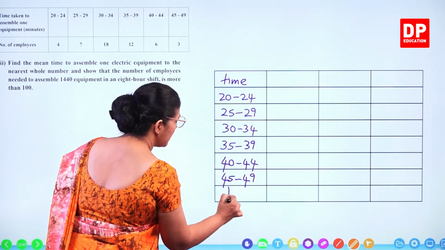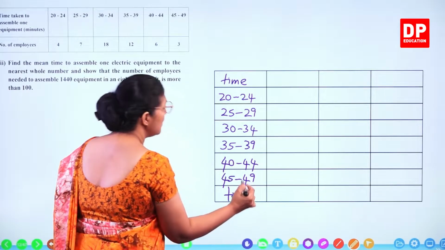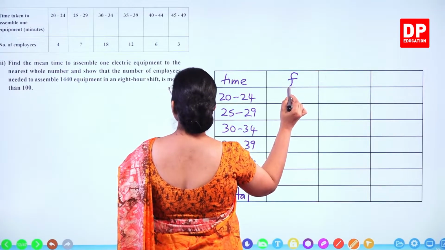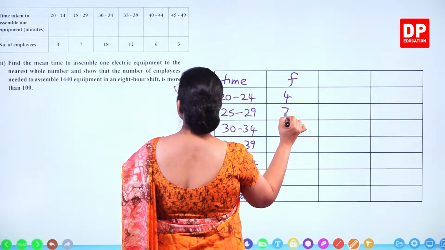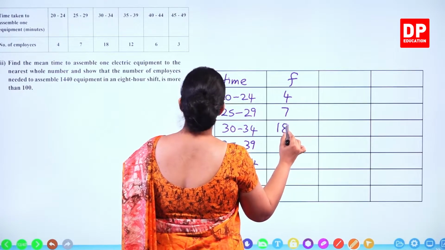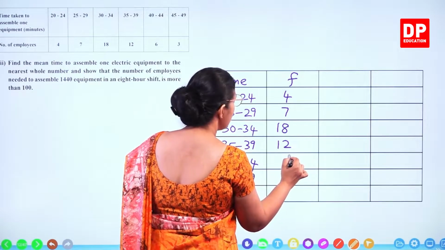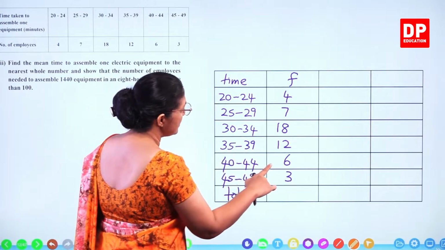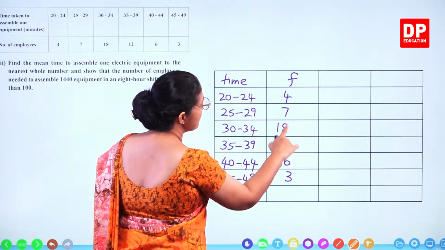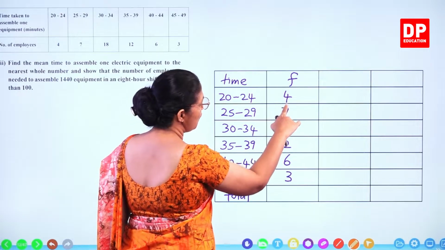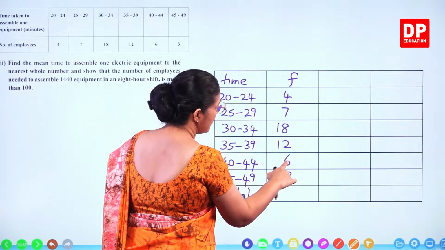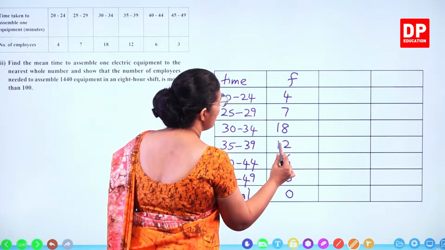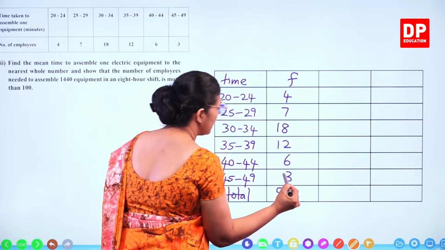And we can take the last row as total. And here frequencies are given: 4, 7, 18, 12, 6, 3. Total frequency, add and see: 10, 17, 21, 21, 24, 30, 3, 4, 5, 50 is the total.